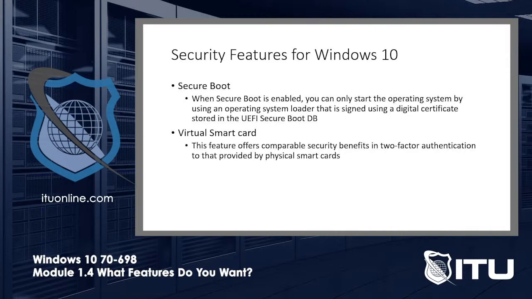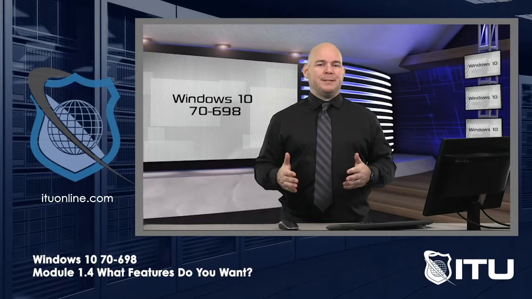I know that's a mouthful, but without this digital certificate being signed, without that implemented, you may be able to load a whole other version of Windows that looks just like your Windows, but it has keyloggers built in. It's got rootkit built in. It's got a Trojan horse for backdoor access built in. You won't ever know it.